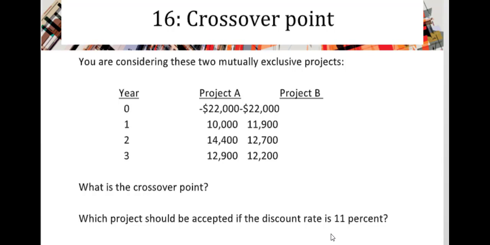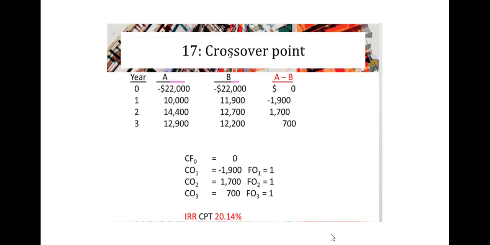Okay, so now let's try to find out the crossover point of these two projects. This crossover point is the IRR of the difference in cash flows between project A and project B. What is IRR? IRR is a rate at which NPV is 0. So the difference of NPV between A and B will be 0, so it is the IRR of the difference.